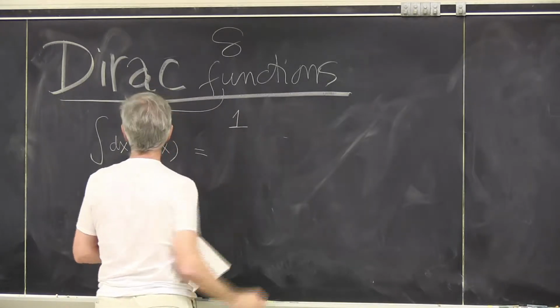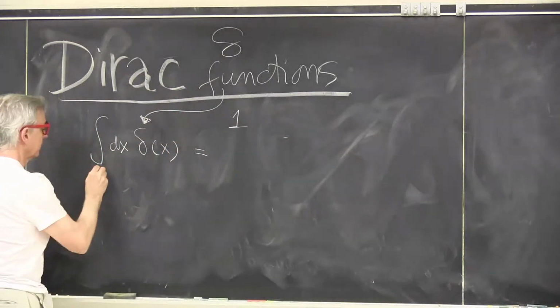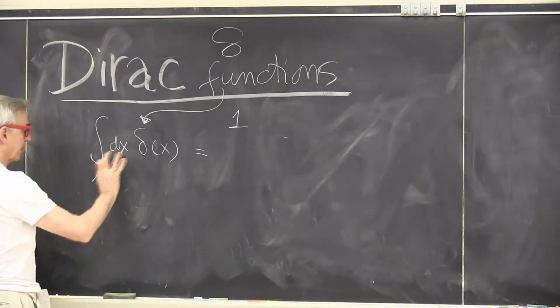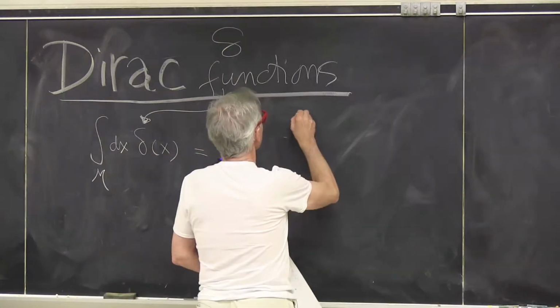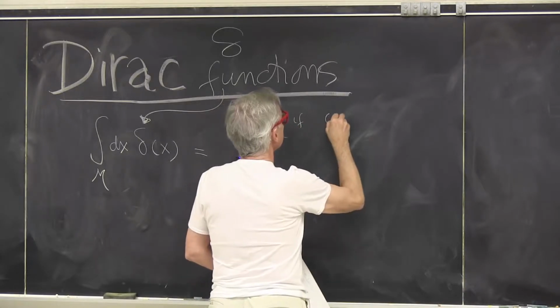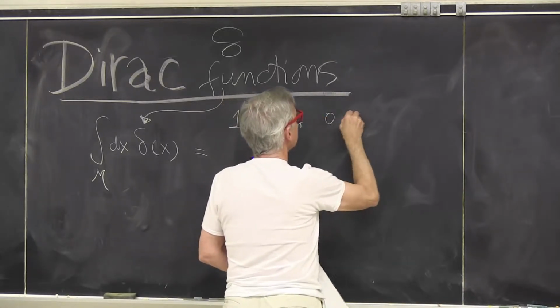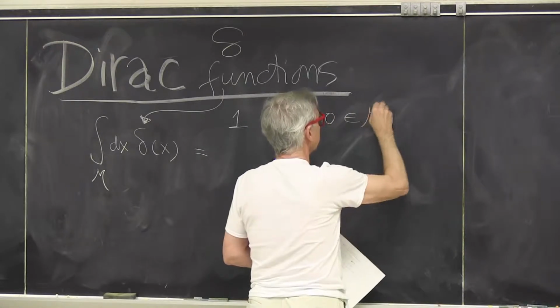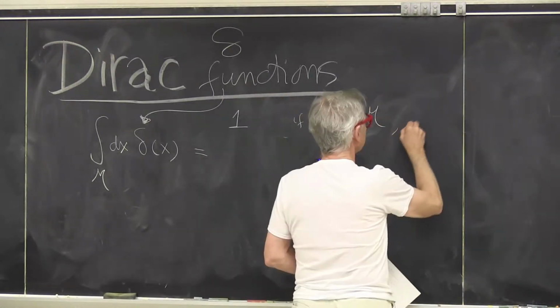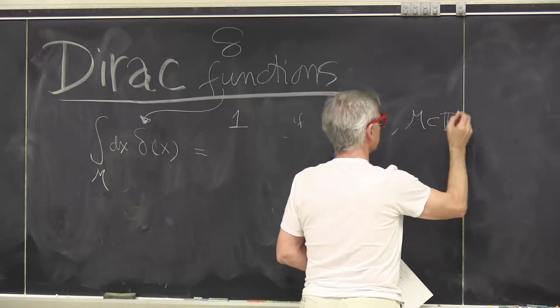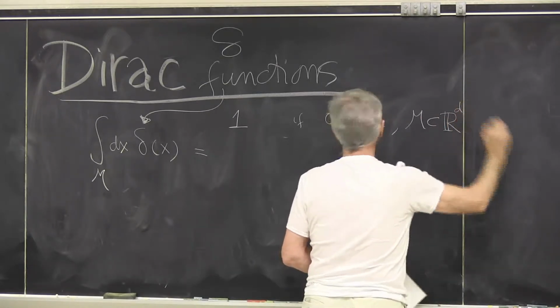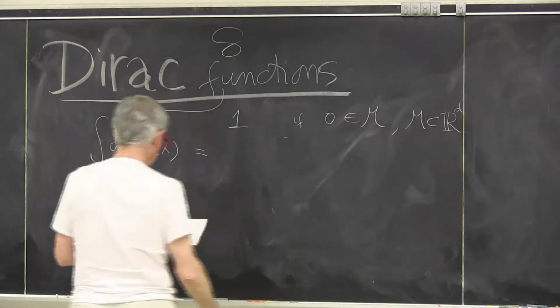Its value is 1 if I integrate over state space. In this case, it's just a one-dimensional interval. Its value is 1 if 0 is part of my interval. And in general, M can be d-dimensional, X can be a d-dimensional vector, but it's easiest to first understand in one dimension.